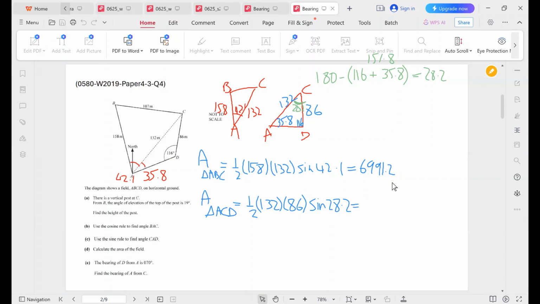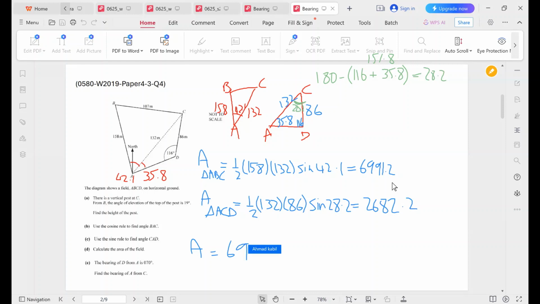So 0.5 times 132 times 86 times sine 28.2 gives us 2,682.19, so 2,682.2. And then the area of the field would just be the summation of the two areas.